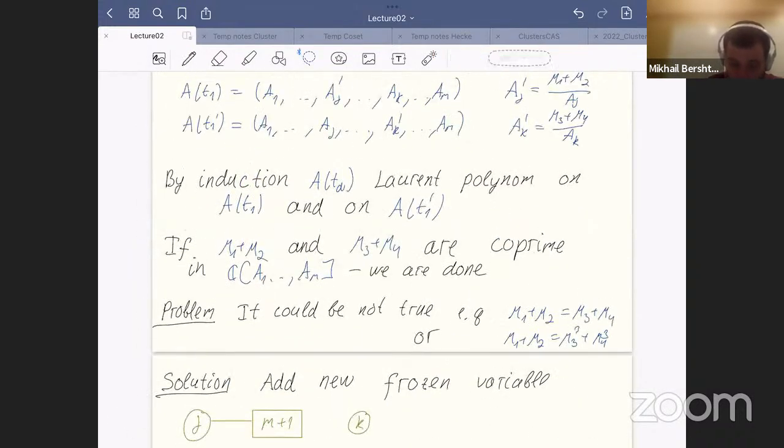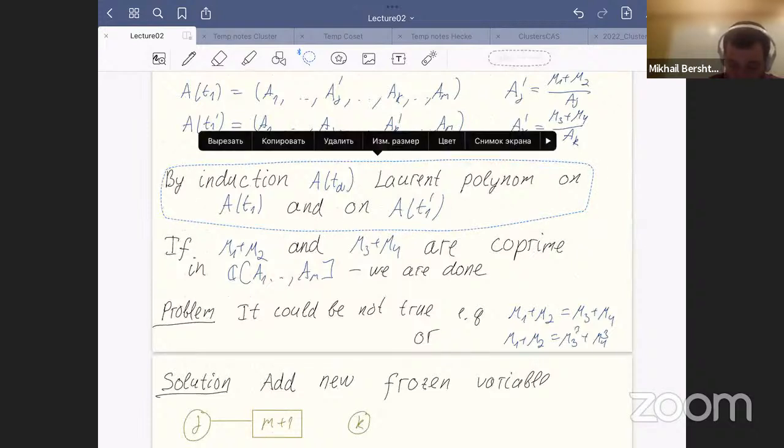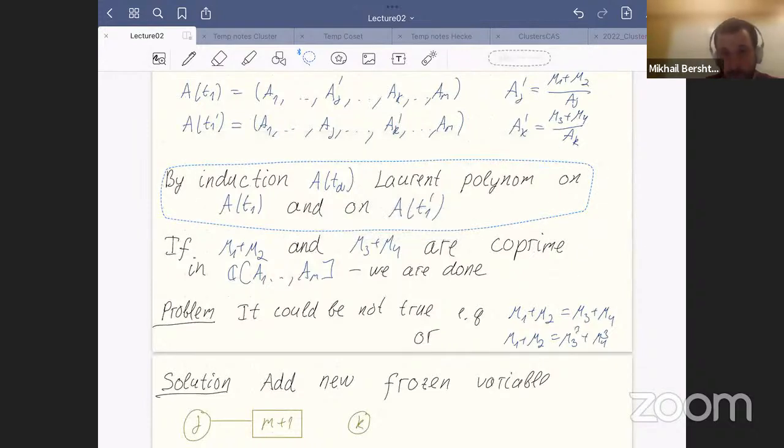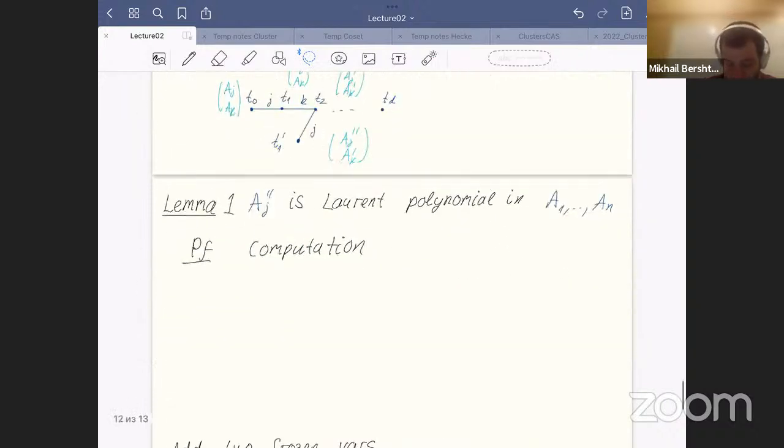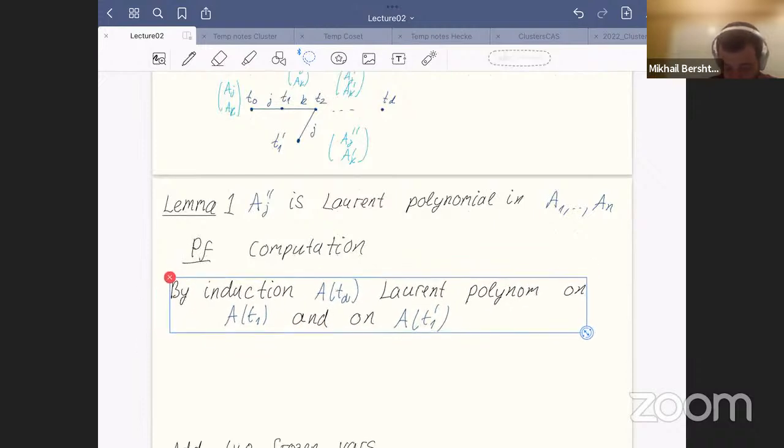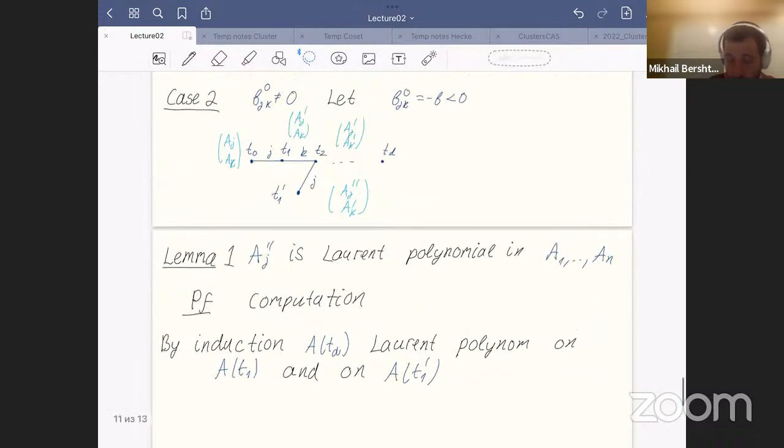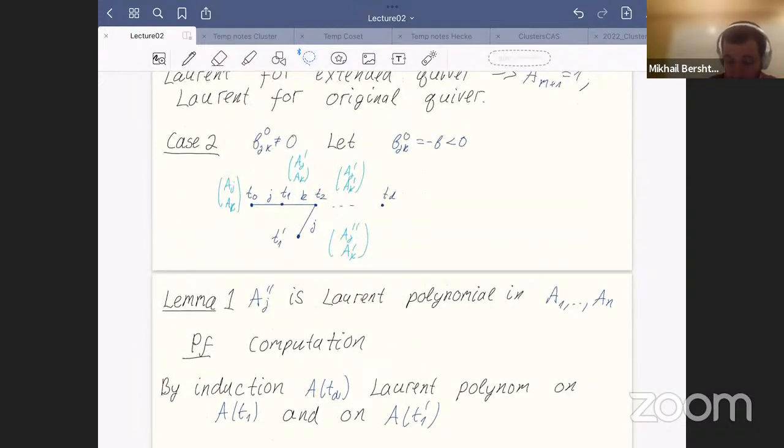So by induction, you can just repeat this argument. And it remains to note that AG prime is co-prime with both of these polynomials, AG2 prime and AK prime. Then I use the same argument that there are no new poles in the denominator.